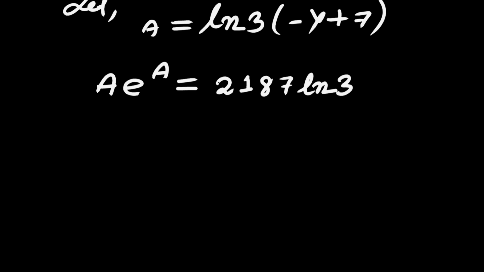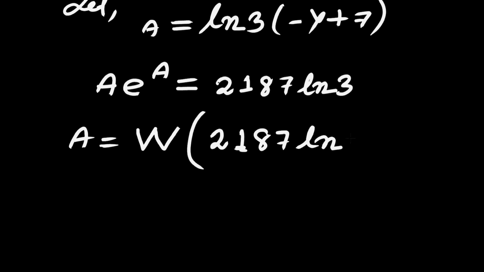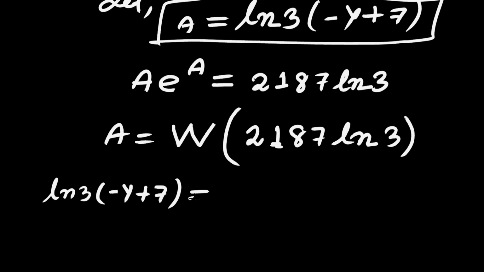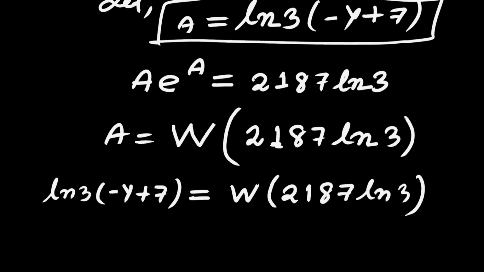Whenever we have a times e to the power a, we can immediately apply the Lambert W function. So we get a equals Lambert W of (2,187 times natural logarithm of 3). Now, let's substitute back. Natural logarithm of 3 times (minus y plus 7) equals Lambert W of (2,187 times natural logarithm of 3).